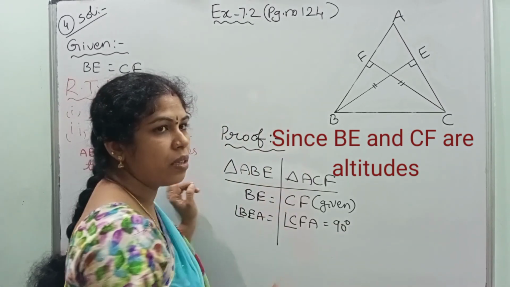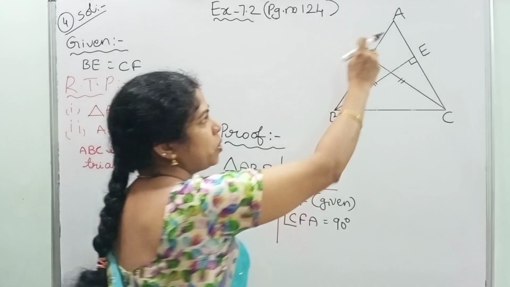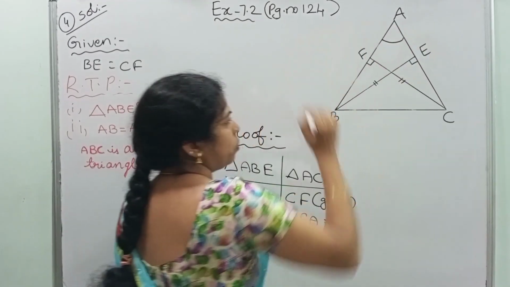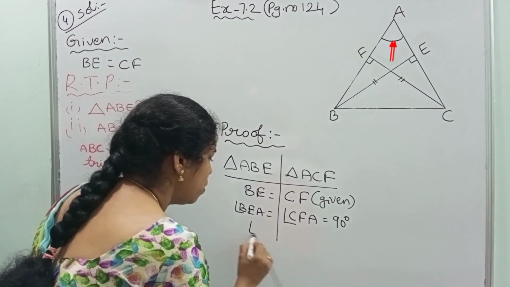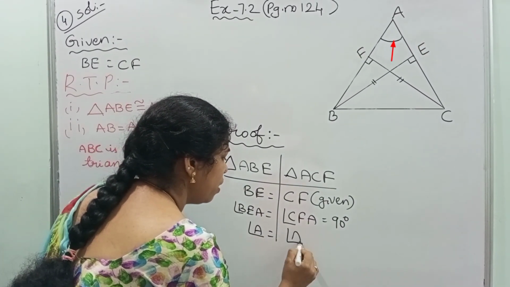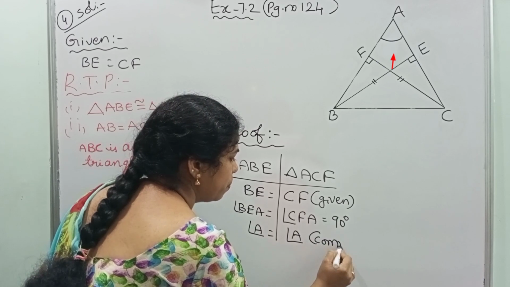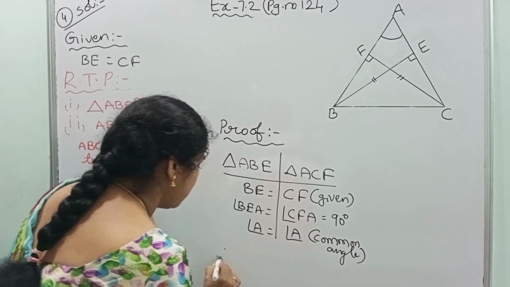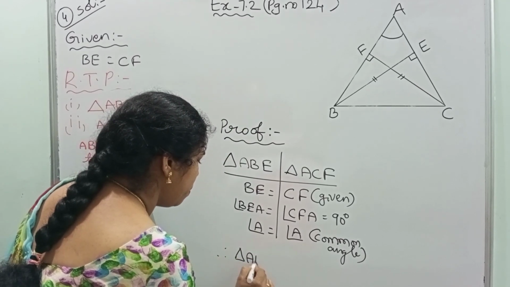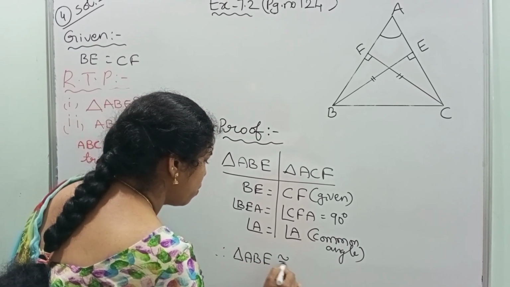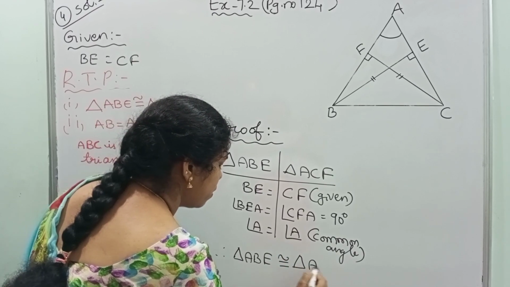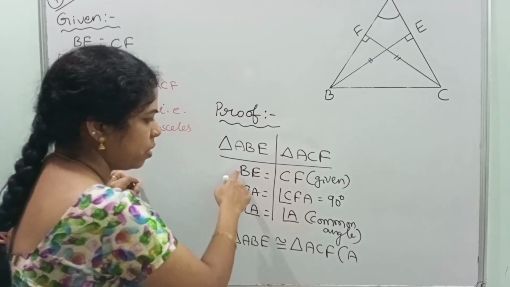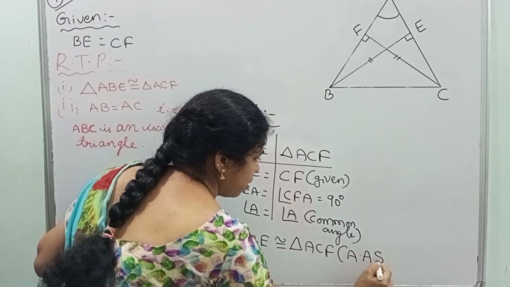We need to recognize the third equal part. If you observe the triangles, angle A is common for both the triangles. So, angle A is equal to angle A, common angle. Therefore, triangle ABE is congruent to triangle ACF by angle angle side, AAS congruency.